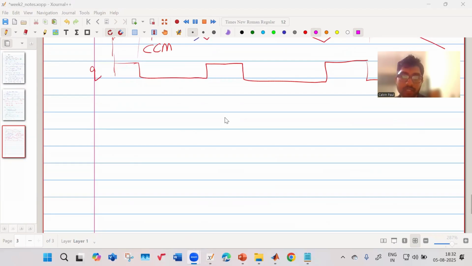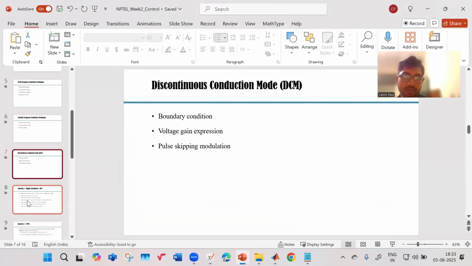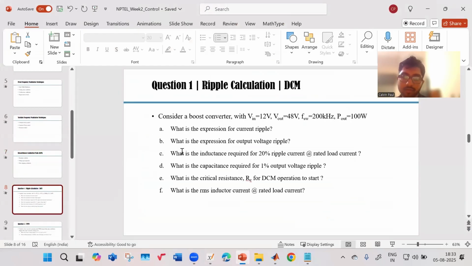So let us go to some sums. What have they given here? They have given input voltage is 12 volt, output voltage is 48 volt, switching frequency is 200 kilohertz, output power is 100 watt.